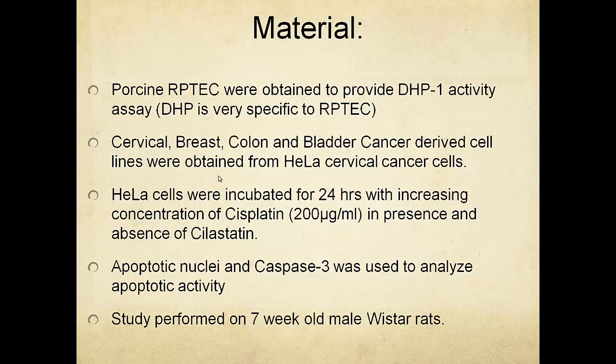HeLa cells were incubated for 24 hours with increasing concentrations of cisplatin, up to 200 micrograms per ml, in the presence and absence of cilastatin. Apoptotic nuclei and caspase 3 were used to analyze the apoptotic activity, and this study was performed on 7-week-old male Wistar rats.